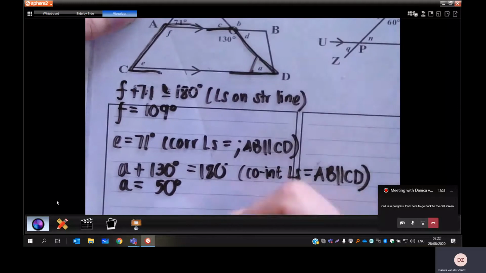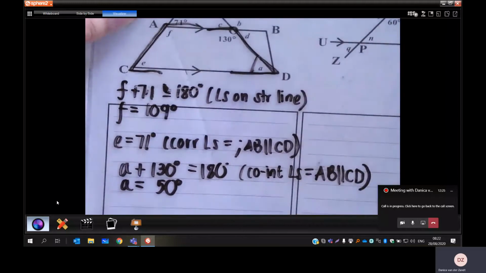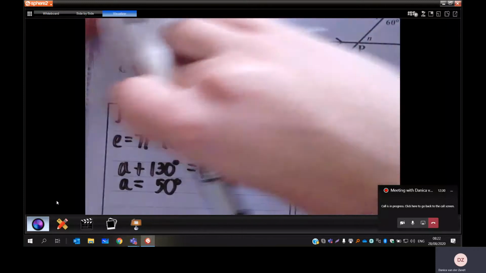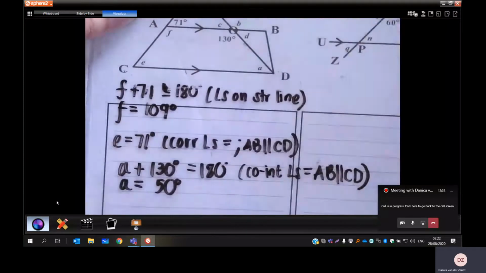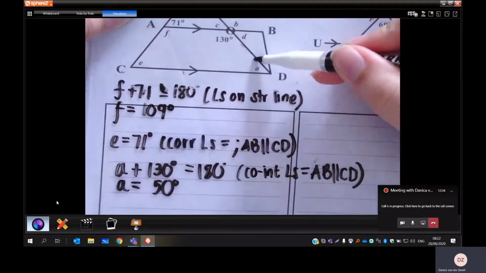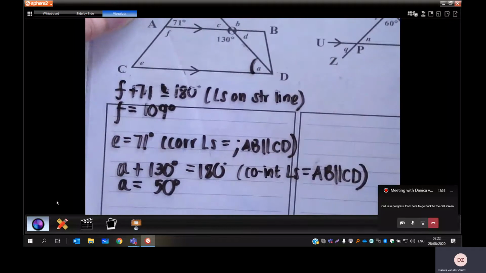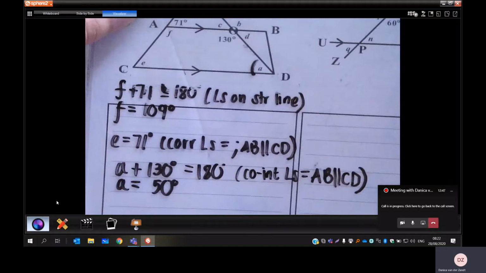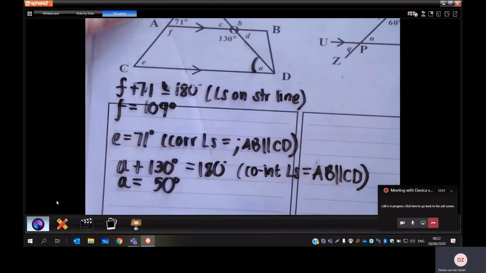If A is equal to 50, can I use A to solve C, B, or D? One of these 3. Which one would I find quite easily, and what would the reason be?